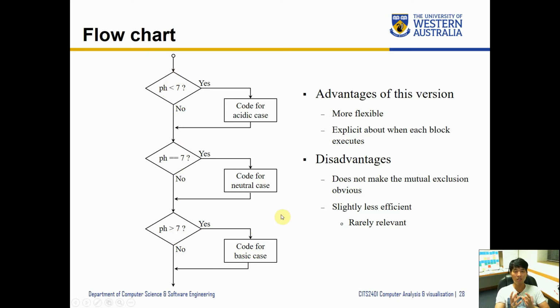And also this is slightly less efficient, although it is not a main concern of this unit, but you can see that it's going to do 3 if statement checks. Even though if pH was less than 7, in our previous examples, it only does 1 if statement, but here it's going to do 3 if statement checks.